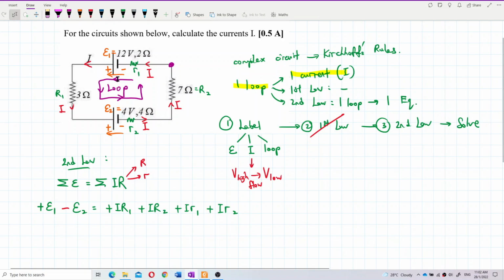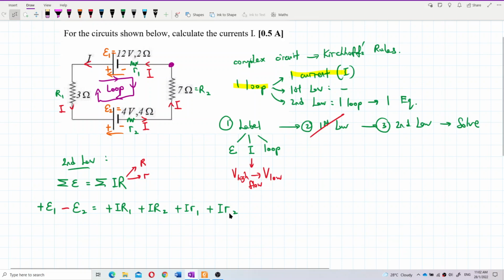But let's say you put the loop direction clockwise. Is it solvable? Is this equation still correct later on? Let's say you put the loop direction clockwise, opposite to the current and the majority of the EMF. So what will happen to this equation?